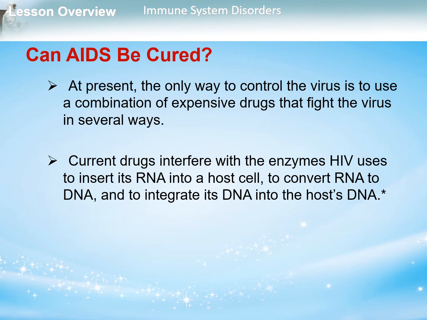At present, the only way to control the virus is to use a combination of expensive drugs that fight the virus in several ways. Current drugs interfere with the enzymes HIV uses to insert its RNA into a host cell, to convert RNA to DNA, and to integrate its DNA into the host's DNA.